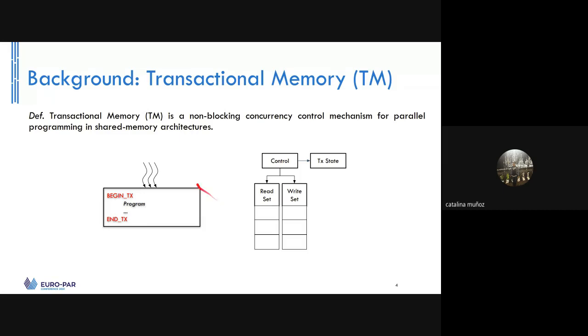So transactional memory, as you know, or not, is an unblocking concurrency control mechanism. And the idea of TM is basically to facilitate software development for the programmer. So what the user or the programmer has to do is basically enclose the parallel region within two statements, a beginning and an end.